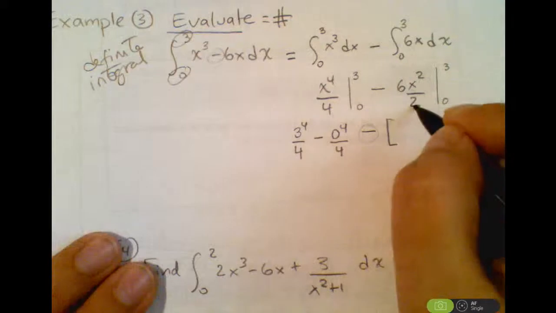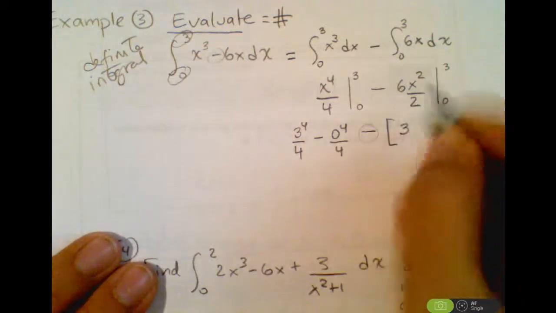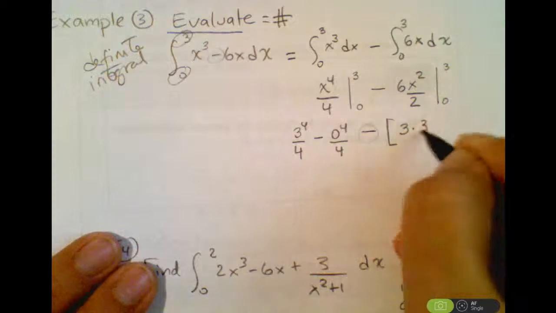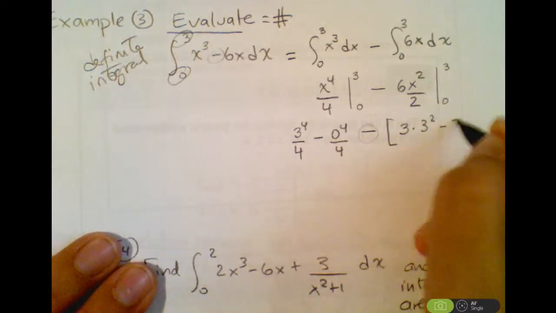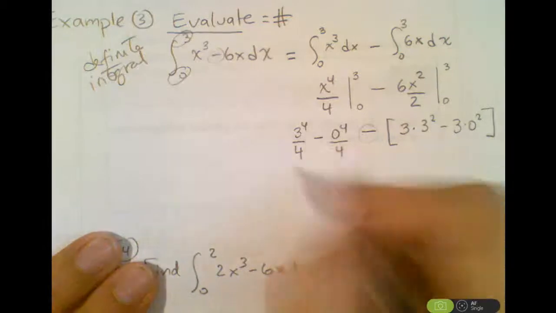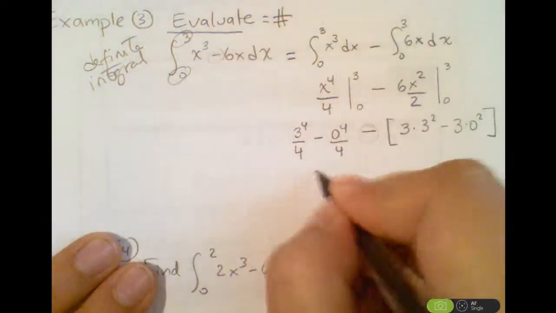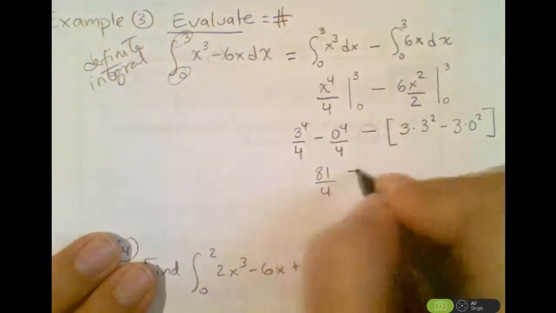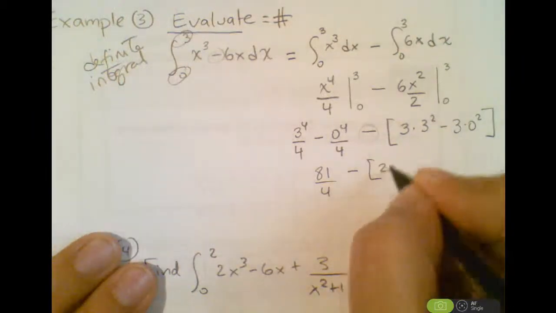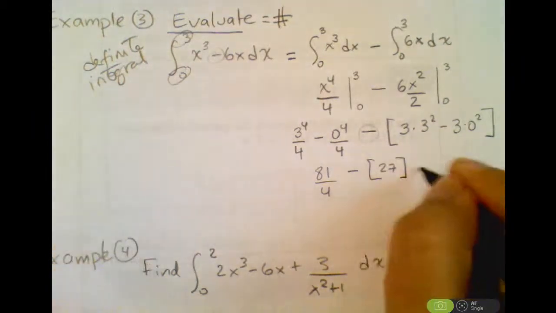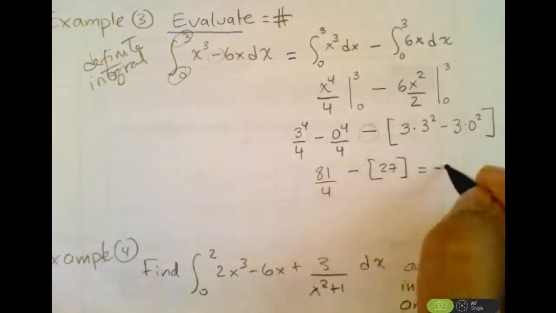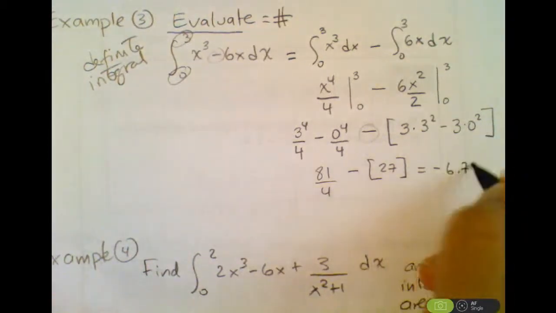So 6 divided by 2 is 3, so it's 3 times x squared, which will be 3 squared first, minus 3 times 0 squared. This in here would be 81/4, minus this in here will be 27, and then this fraction minus 27 is negative 6.75.